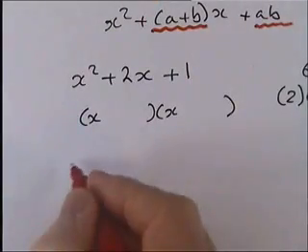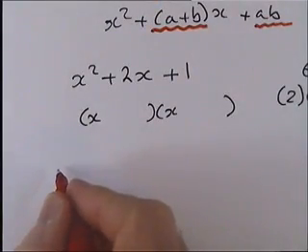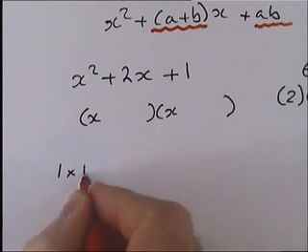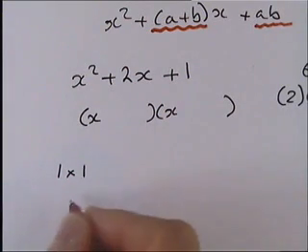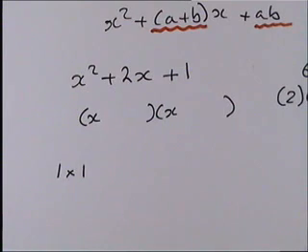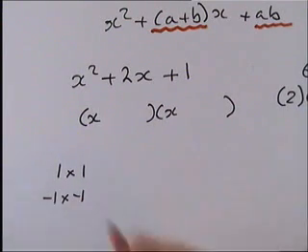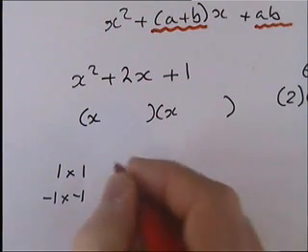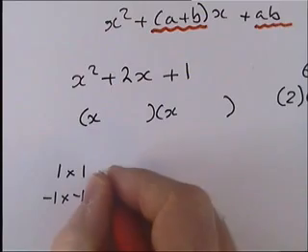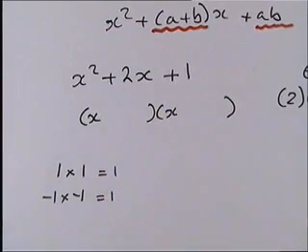So let's start off by writing down the different ways you can make the number 1. Well, you can do 1 times 1, and 1 times 1. There's also negative 1 times negative 1, and if you turn them round, well, we know that multiplying in different orders gives us the same thing. So they both multiply to give the answer 1.